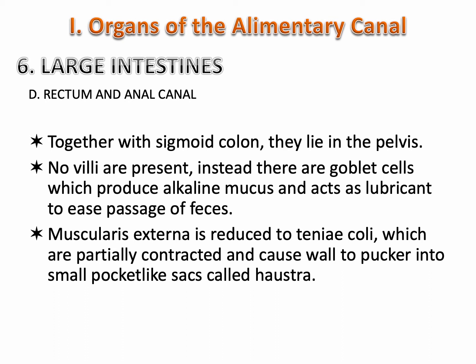And the muscularis externa in the rectum and anal canal is reduced to taenia coli. Partially contracted, kaya nakapak yung walls ng rectum and anal canal. These muscles display a degree of muscle tone, especially kapag there's already an act of defecation.